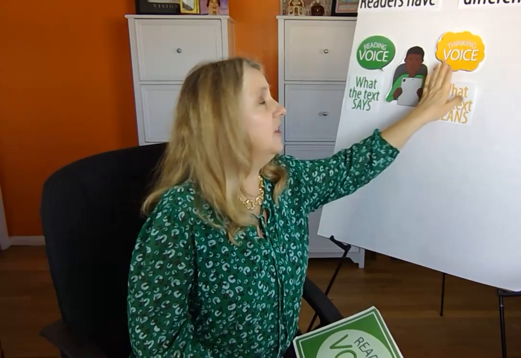Sometimes it's a picture or a graphic, a map, a story problem. Sometimes it's a video. And so regardless of what type of text you're reading, you got to use both voices. Readers always use both voices. Remember, they are using the reading voice to determine what the text says, but then they're using the thinking voice to really think about what it means, regardless of the type of text.